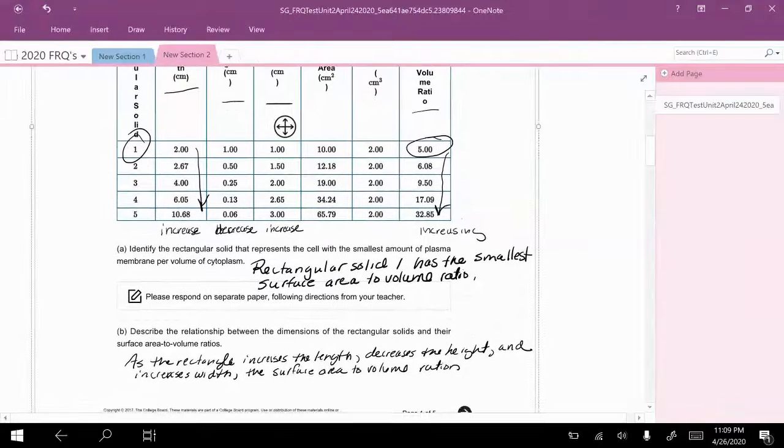I'm not able to use my eraser. Okay, so that doesn't say ration. The ratio is going to increase. All right, so that is the answer to B.